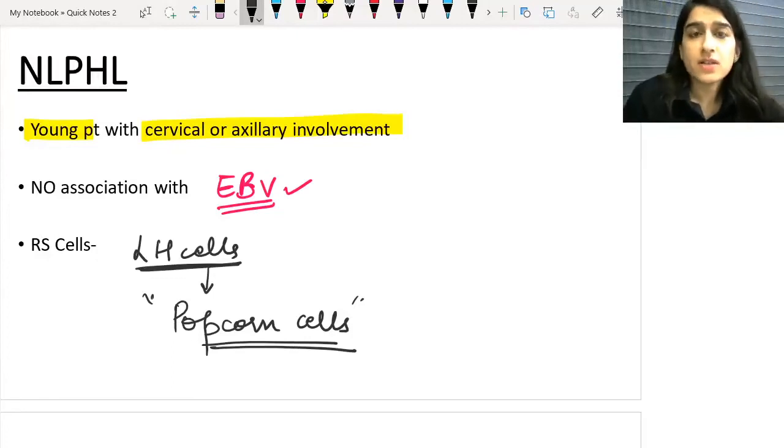Why are they called popcorn cells? Because of the variation in the nuclear contour. There are two variations that can be seen: one is multilobulated and the other is polypoidal nature of the nucleus. That's why they are called popcorn cells.